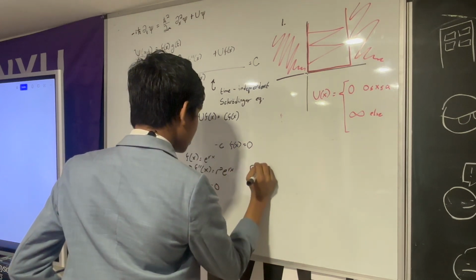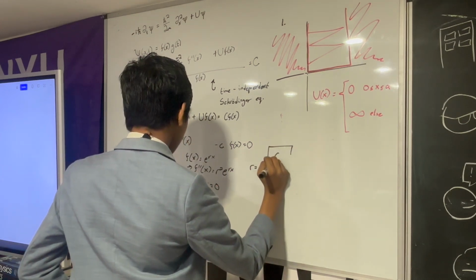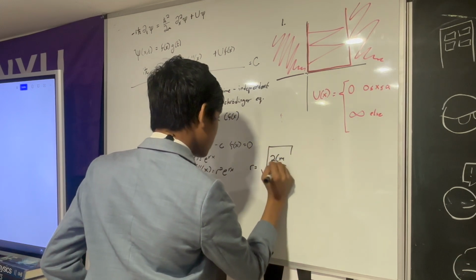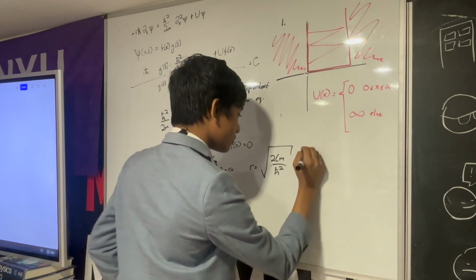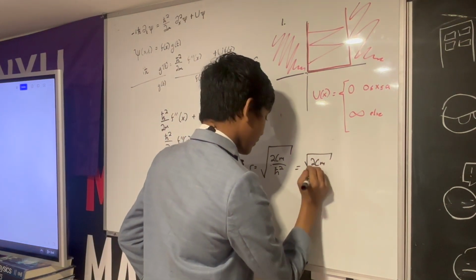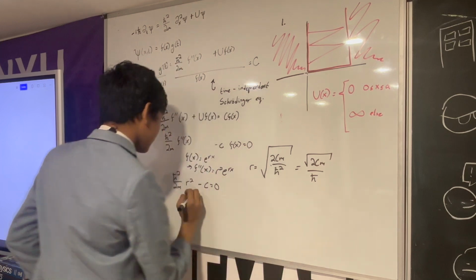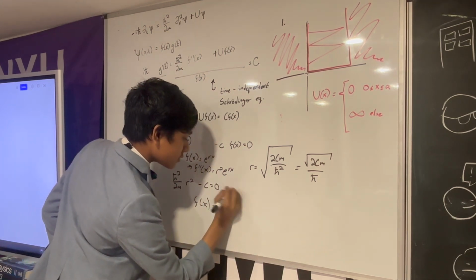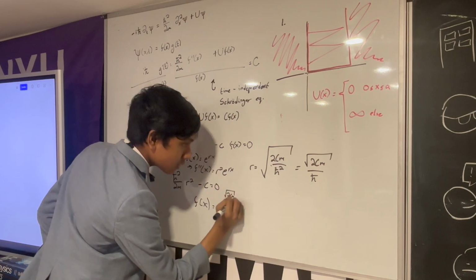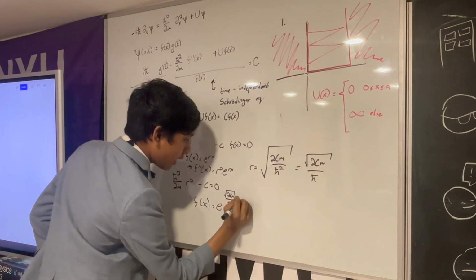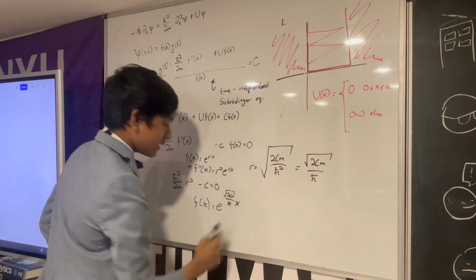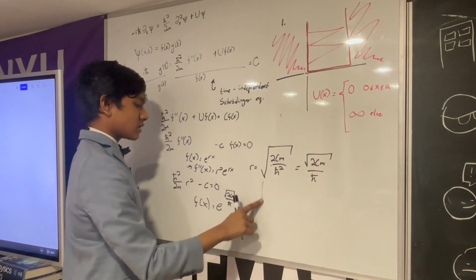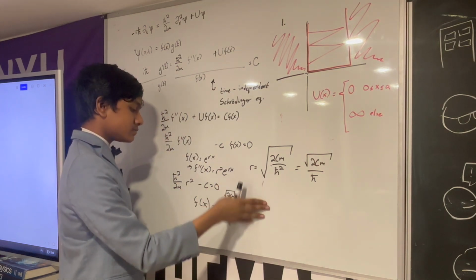So r is the square root of 2cm over h bar squared, or the square root of 2cm over h bar, which means that f of x is e to the square root of 2cm over h bar x. And if this is sinusoidal or just an exponential function depends on whether c is positive or negative.